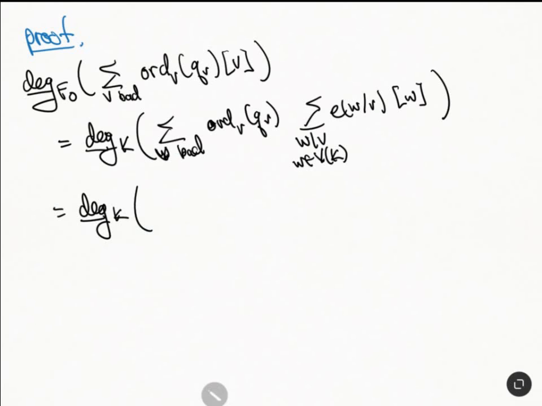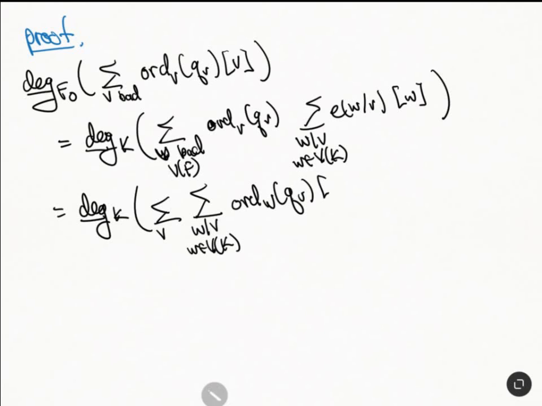So this is a sum over V, a place of F still. And then we have the sum over W dividing V, so W in K, and V in F here like this. And so these two things combine to give you the order of W of Q of V, W like so.